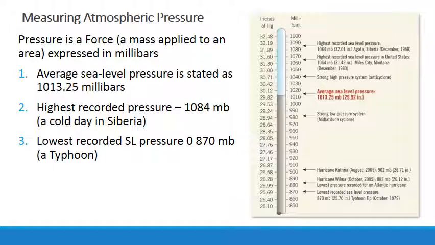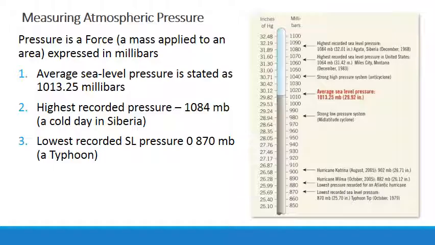To describe atmospheric pressure, the National Weather Service uses a unit of force from physics called the Newton. Under average conditions at sea level, the atmosphere exerts a force of 101,325 newtons per square meter.